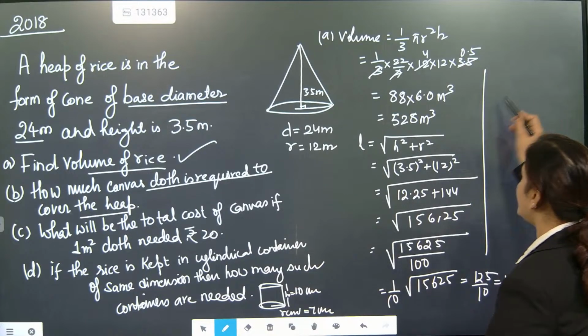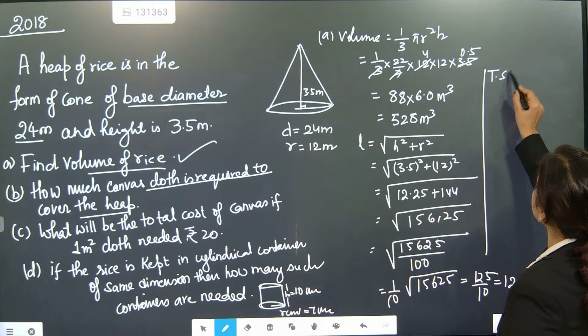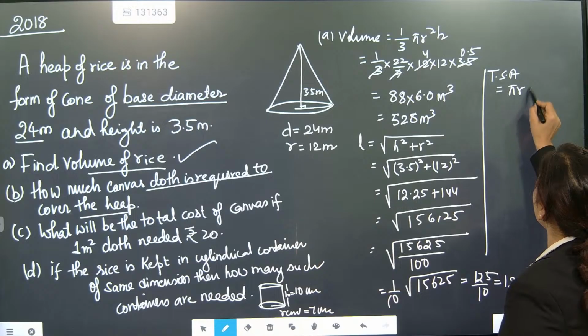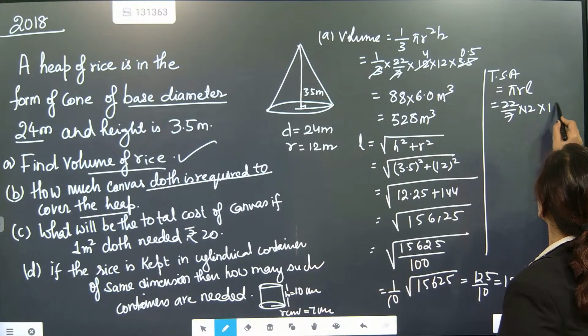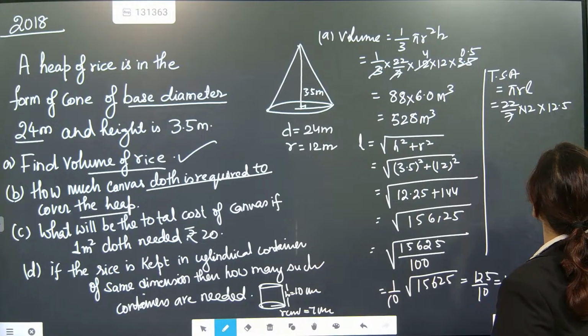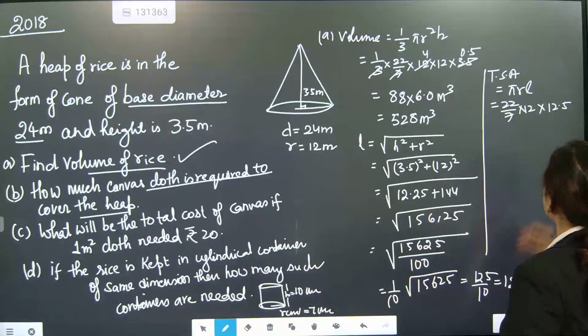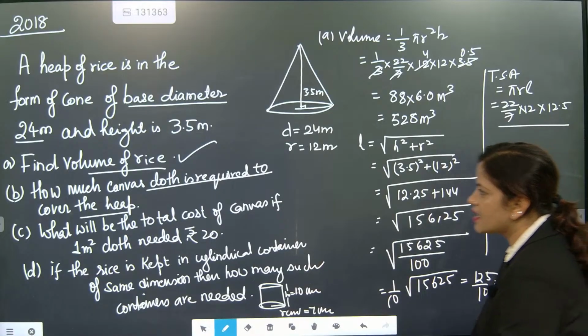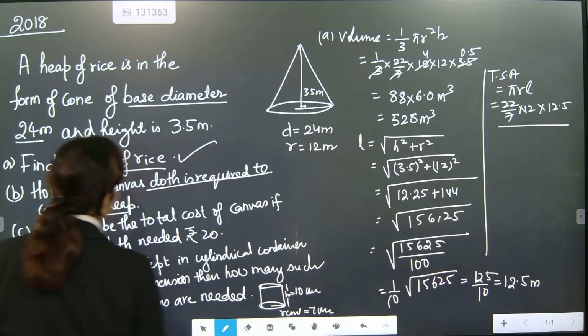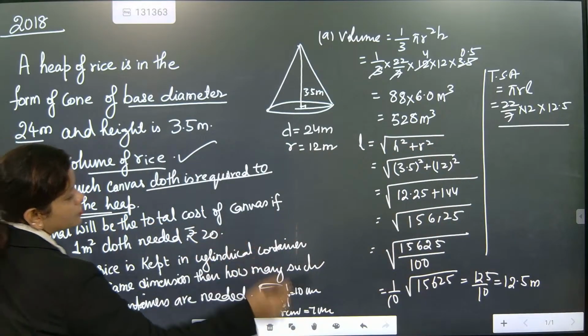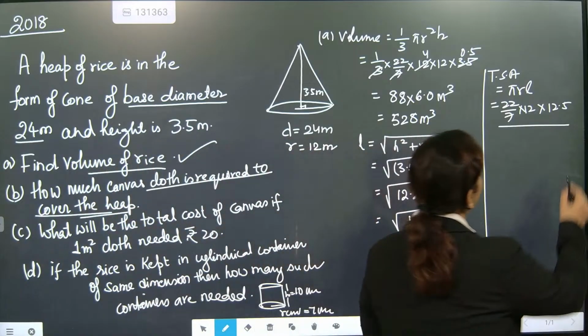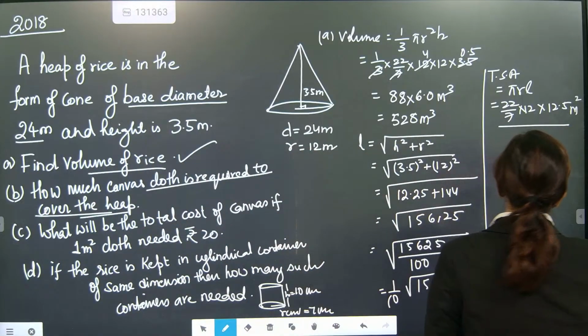So now we can find the surface area. The total surface area to cover is pi r l. So that is 22 by 7 into 12 into 12.5. Understood now? So this pi r l part is exactly how much canvas cloth is required to cover the heap.